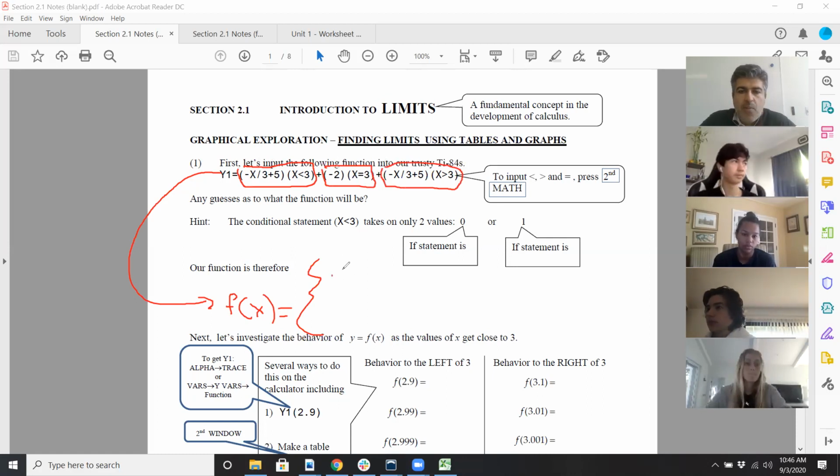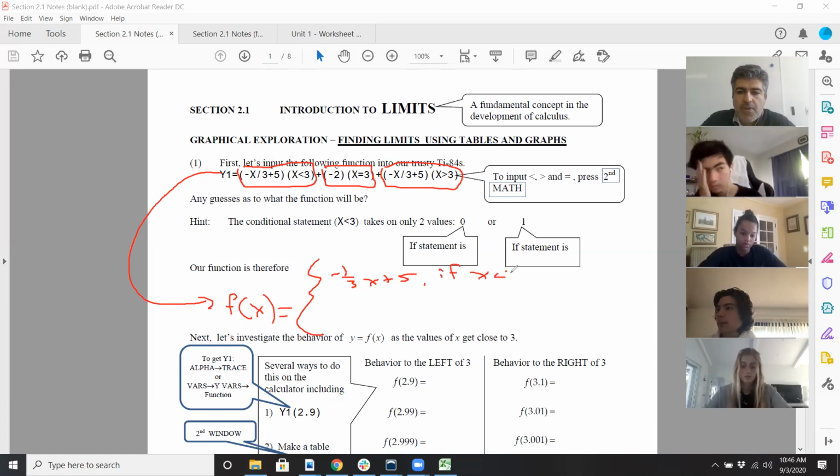It's like saying negative 1/3 x plus 5 if x is less than 3. That's how you do a piecewise function in the TI-84 calculator. You do something similar in Desmos, I think. I can't remember exactly, and I don't want to figure that out during a video. I'll have to do it on my own time. But we'll just use the calculator because that's what I prefer right now. Then the next part will be negative 2 if x equals 3.